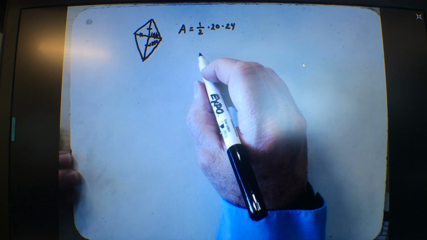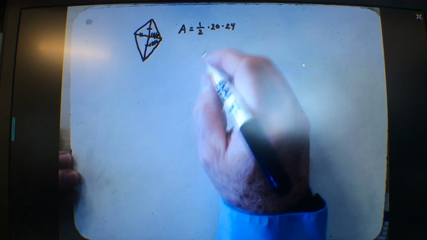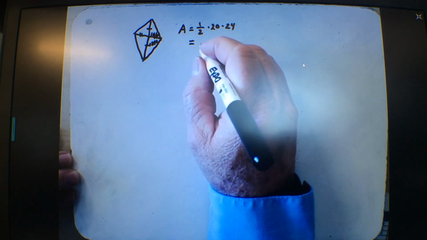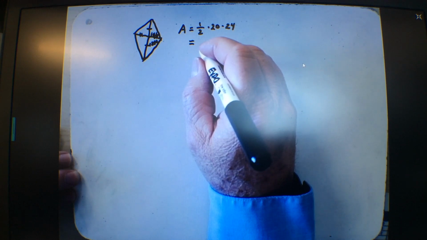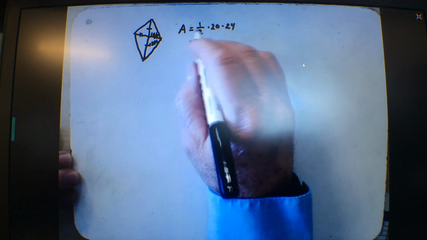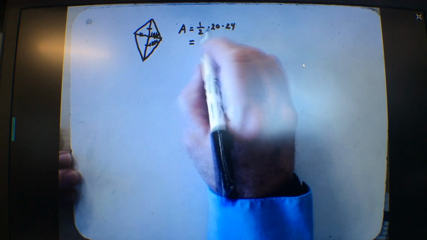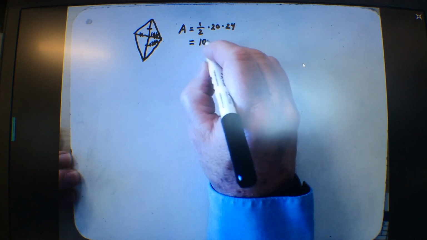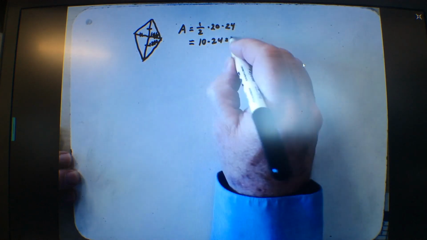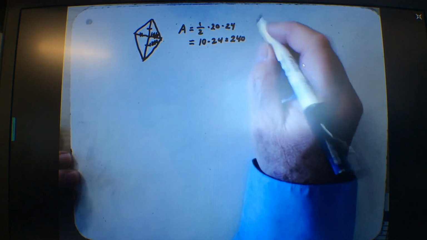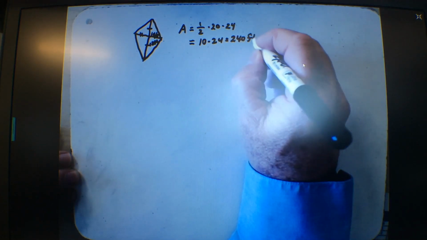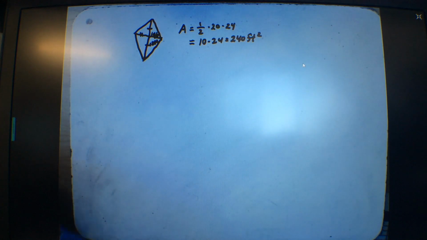Yes. What property says I can move them around? The commutative property says I can move them anywhere I want. So what's 1/2 of 20? 10 times 24, which is 240. And my label is feet squared. I know you can't read that. I have to make them bigger or get a different marker. Seems pretty straightforward, doesn't it?